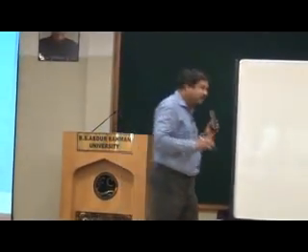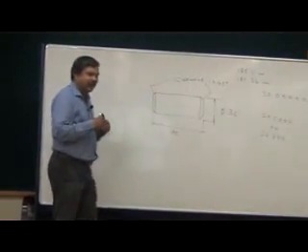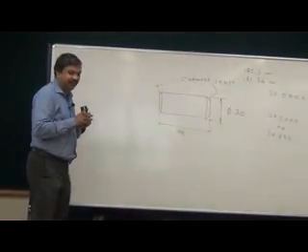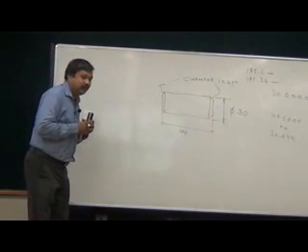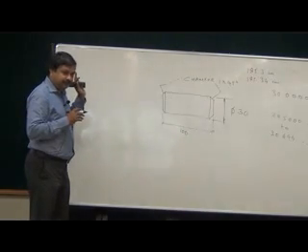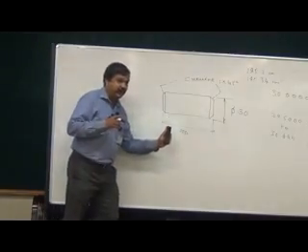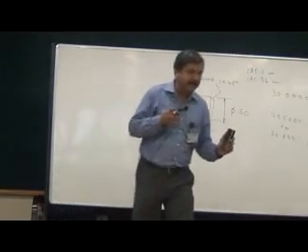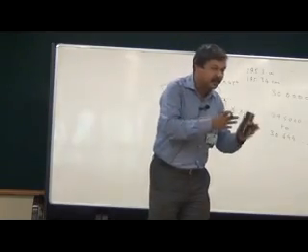So, when I say the dimension is 30 mm, I should automatically specify the tolerance within which it should be 30. Do you understand? Whenever I specify a dimension, I should also specify the limits within which that dimension must lie.